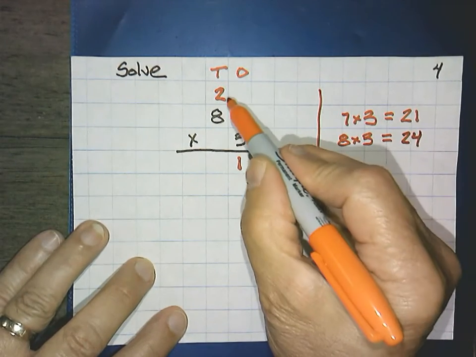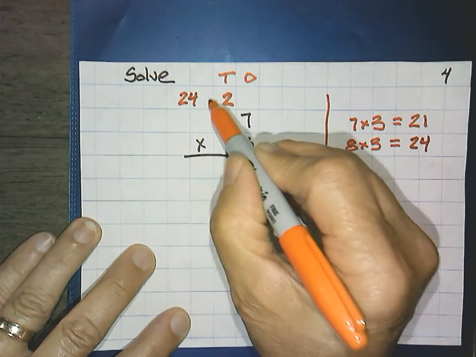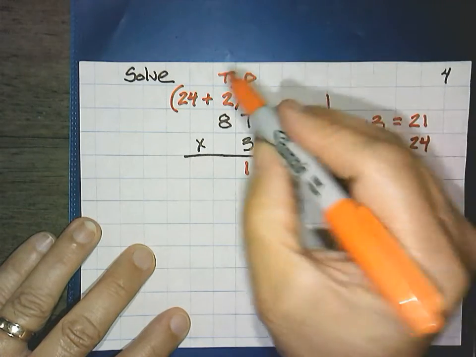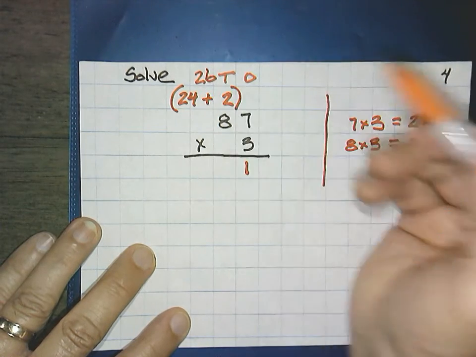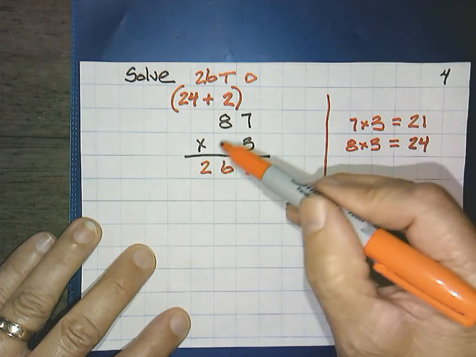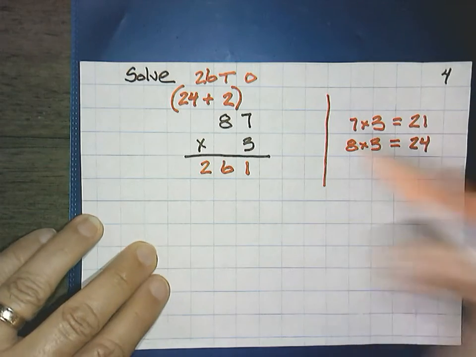That 24 I'm going to have to add to the 2 that are already there. So 24 plus 2 would be 26. So our product of 87 times 3 is 261 using a traditional method.